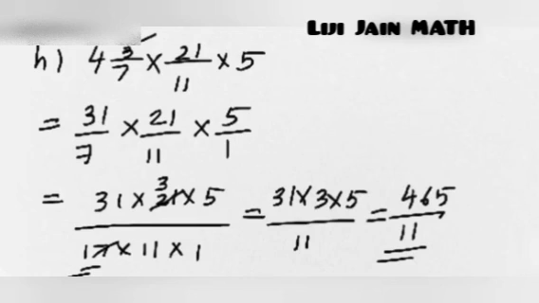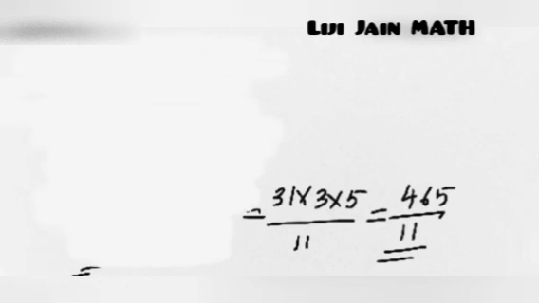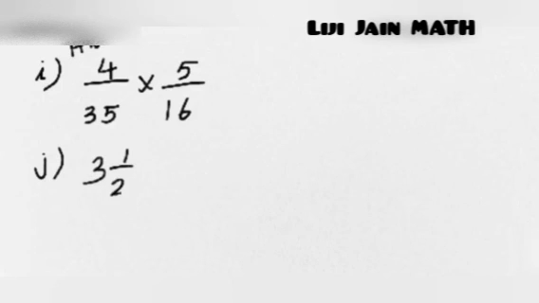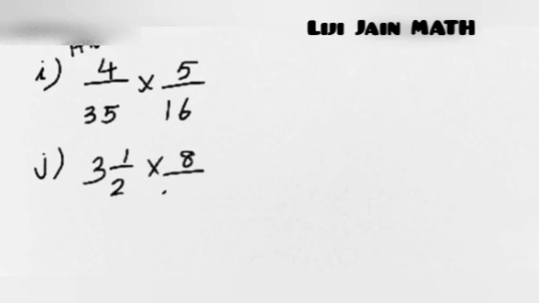Okay. Now, try to do the homeworks of this session. I, J, K are homeworks. Only this much is there in the multiplication session. Very easy. The question I is 4 by 35 into 5 by 16. Homework J, the question is 3 1 by 2 into 8 by 21.